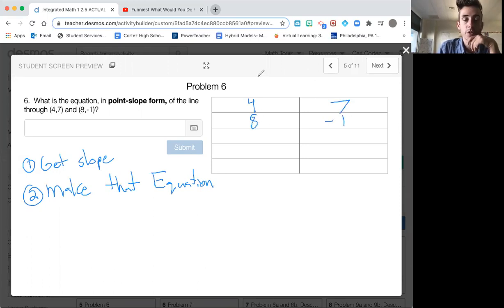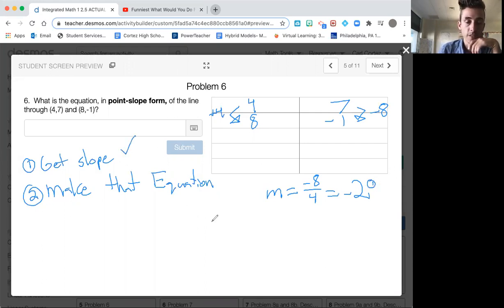I'm going to use the table to make this happen. Jumping from 4 to 8, I would have to add 4. Going from 7 to -1, I would have to deduct 8. So our slope is going to be -8 over 4, which is -2. So I've got my slope, which is -2. So that's the first part done.